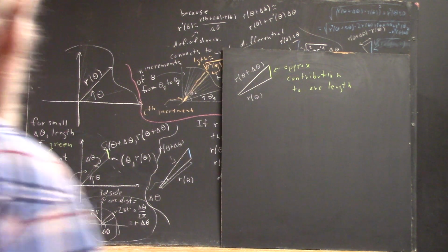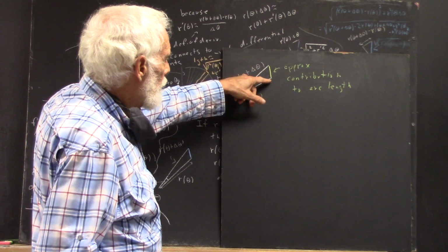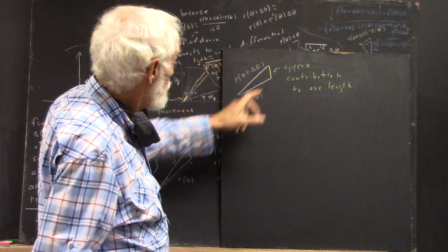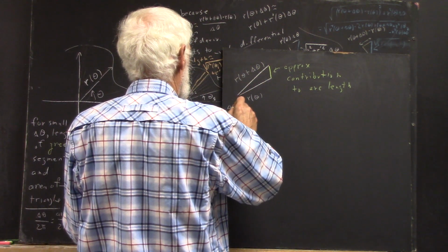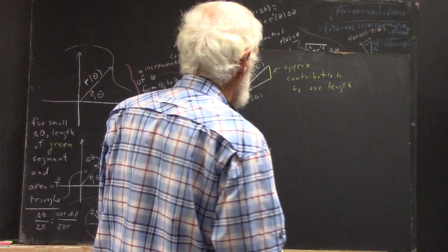Okay, so to get a handle on arc length, we have to understand the approximate contribution to arc length, which is the length of this segment, due to the delta theta. Well, we want to get an expression for it.